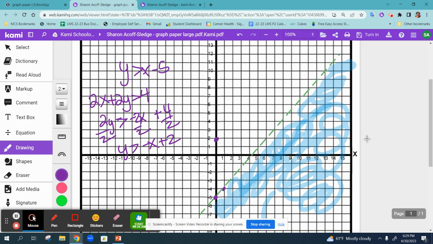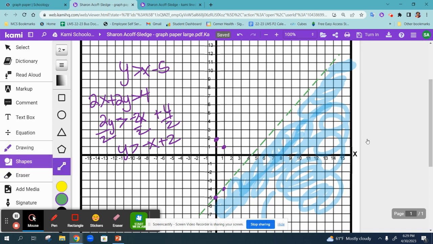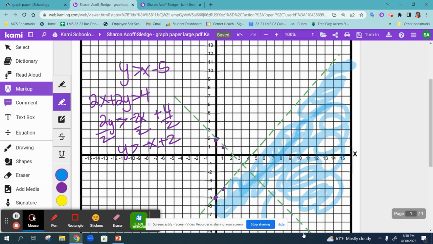And then my slope is down 1 and over 1, so that's my slope there. And this is also still going to be a dotted line, dashed line. And it's greater than, so we're going to shade above it also.